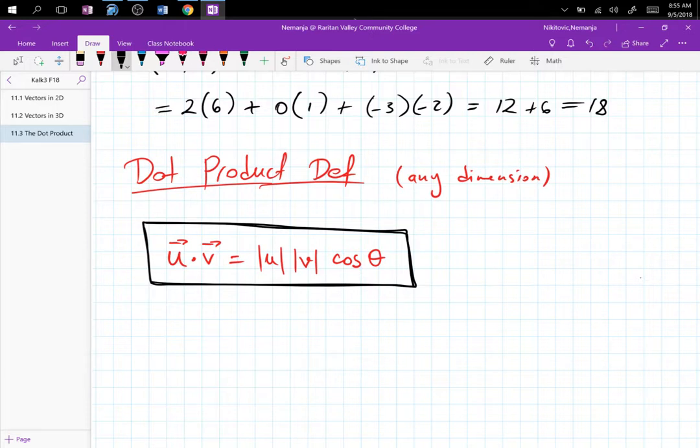The previous formula is the way to compute the dot product. This formula is its purpose in the galaxy and beyond.